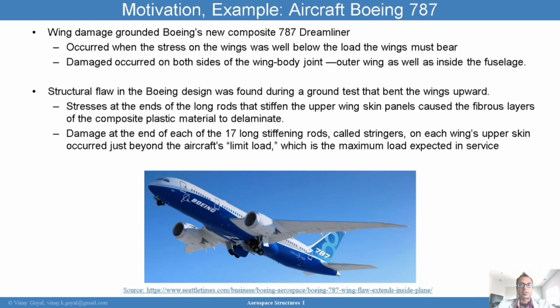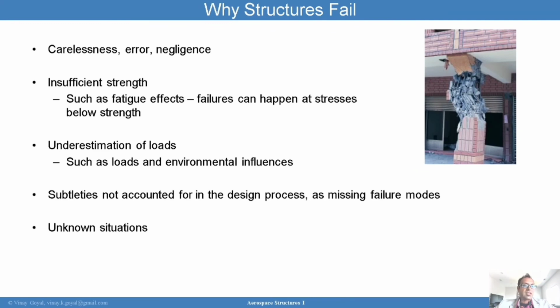We'll be covering in this course the kinds of loads that these structures will experience in service. But there are many reasons why structures fail. We have examples of carelessness and error and negligence. As humans, we're not going to be perfect. Errors are going to be made.